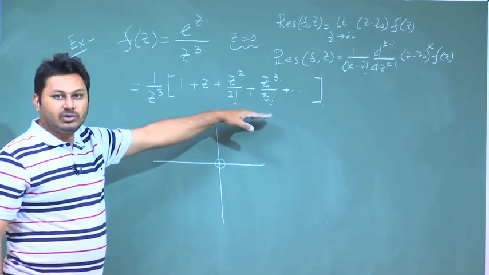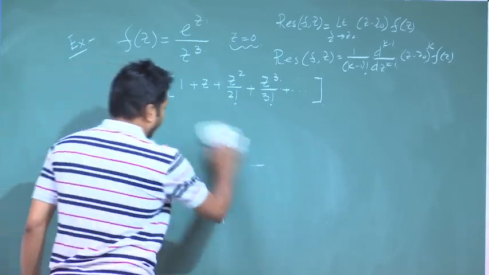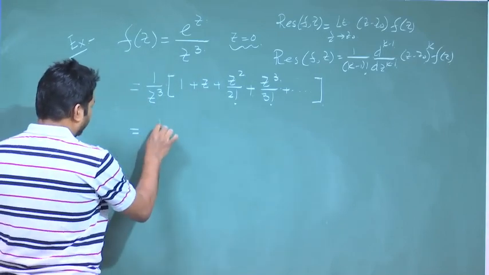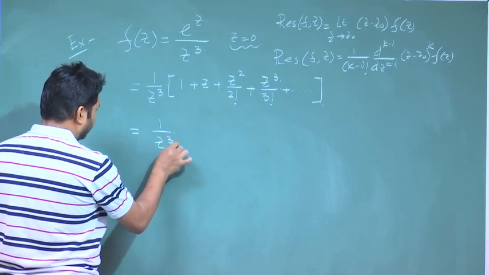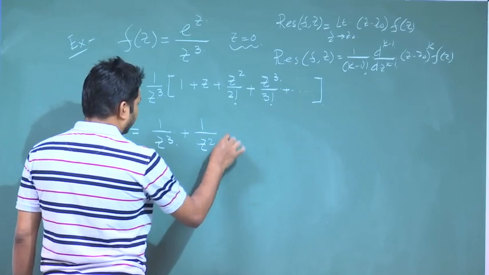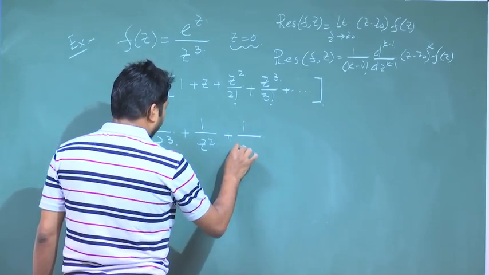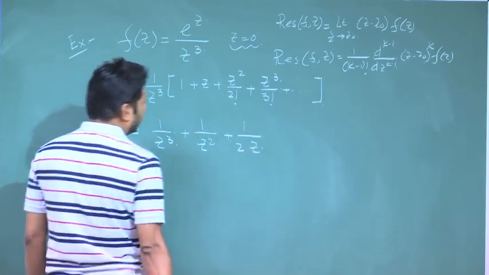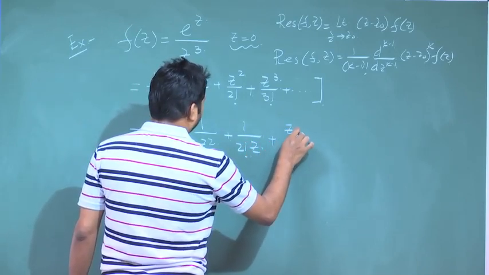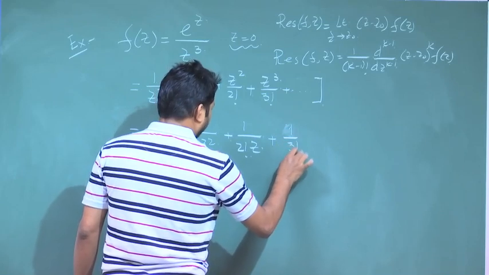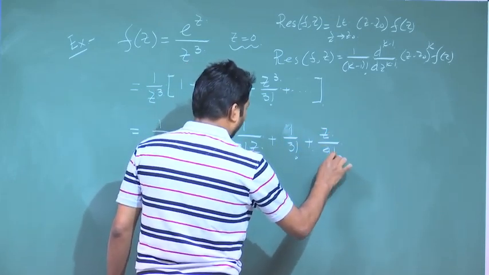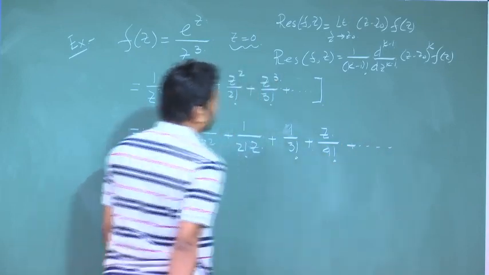If I expand, this will look like this: 1 by z cube plus 1 by z square plus 1 by factorial 2 z rather, then 1 by factorial 3, then z by factorial 4 and so on.